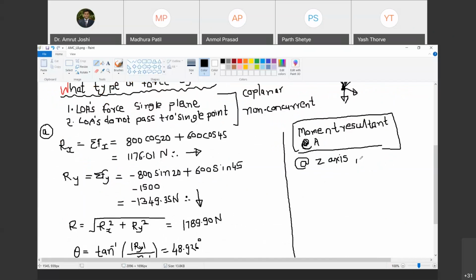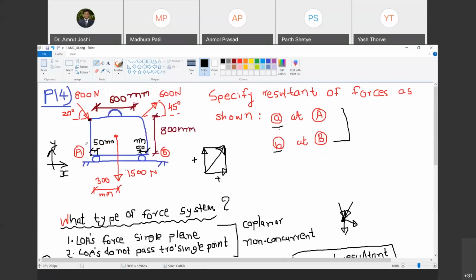Because it is a coplanar force system in xy plane. Are you with me? Yes, sir. Coplanar in xy, therefore they are going to produce moment only about z axis. So what are we trying to specify? We are trying to specify moment resultant about z axis passing through A. Be very clear.